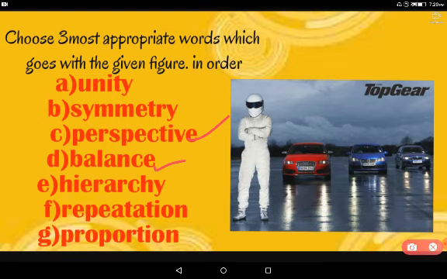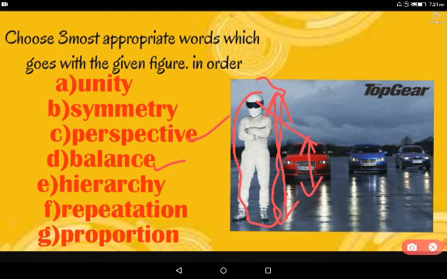Why am I saying there is perspective? Because see this man's size relative to this car's size. So maybe this man is very much nearer to the observer's eye. So there will be perspective.